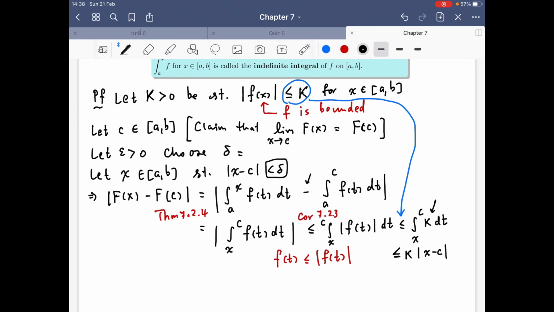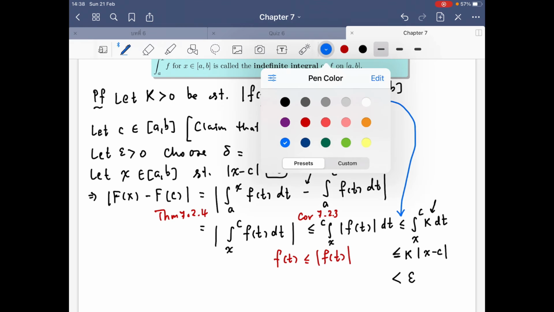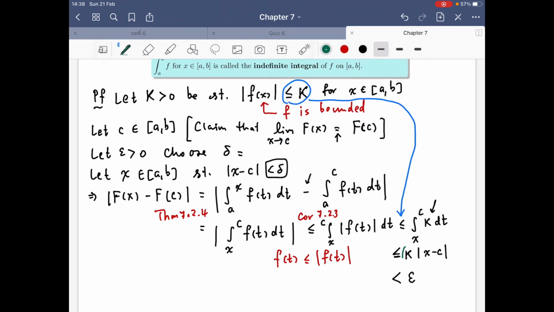And what is it that you need? You need to have this limit, so at the end you need this to be less than epsilon. Do you know how to choose the delta right now? Here is the connection between your delta and your epsilon.